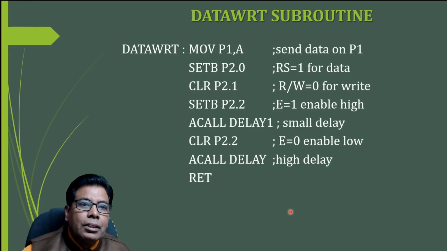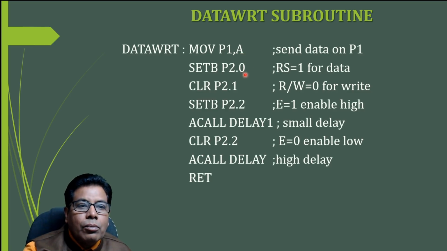Then the data write subroutine. Now in the data write subroutine, whatever ASCII value, the character to be displayed, we have loaded in the accumulator will be sent to port 1. So send data on port 1. Port 1 is where we have connected the data lines D0 to D7.